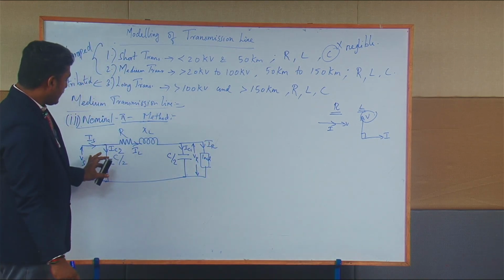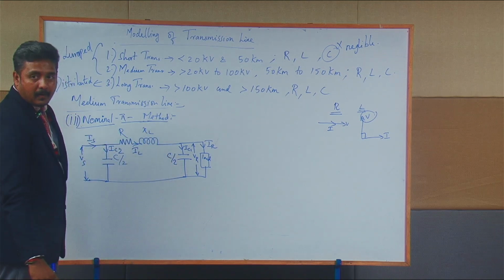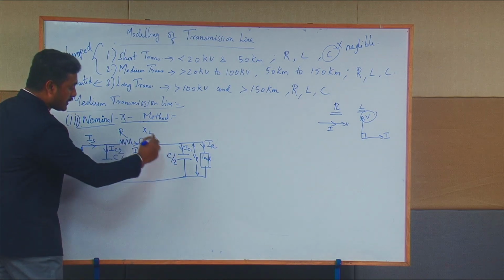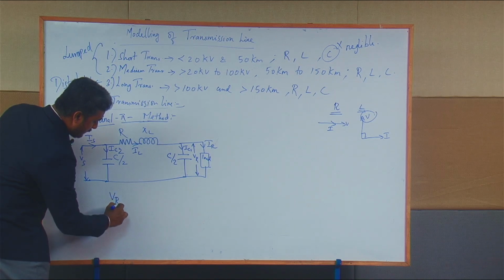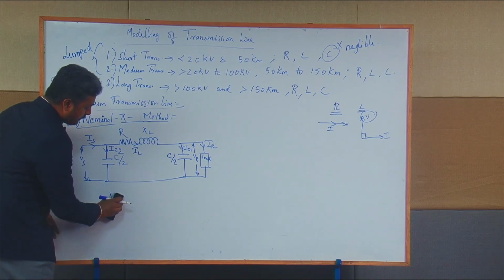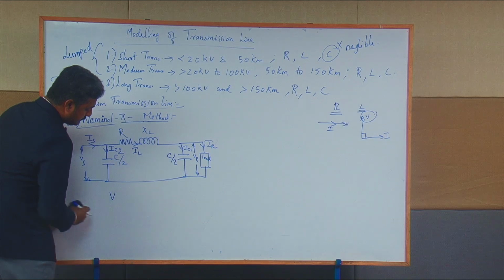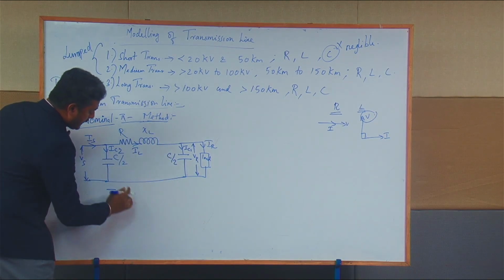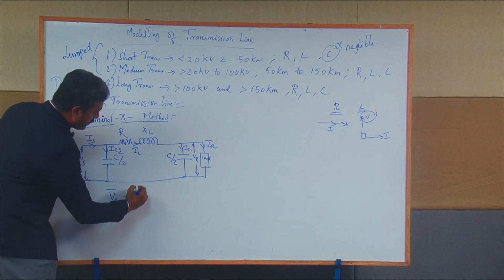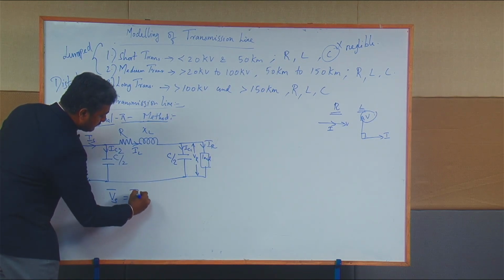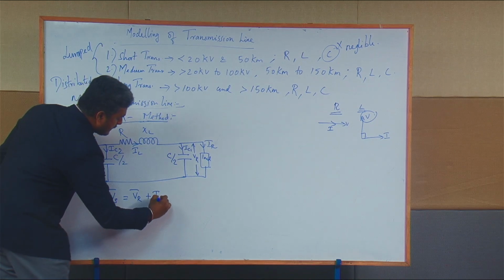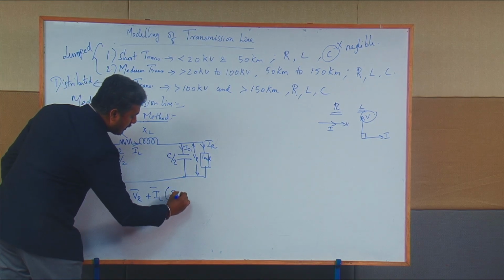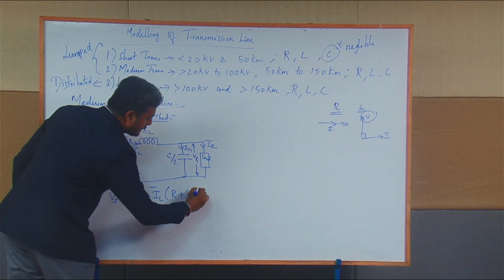Now you are going to write the KVL for this loop. In phasor form, Vs vector is equal to Vr vector plus IL vector into R plus jXL.